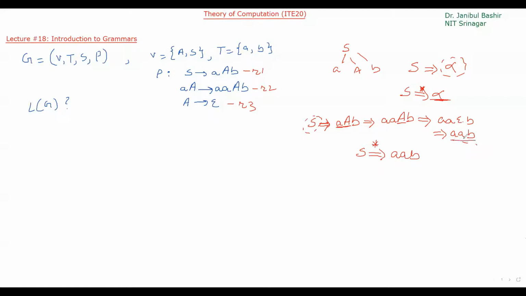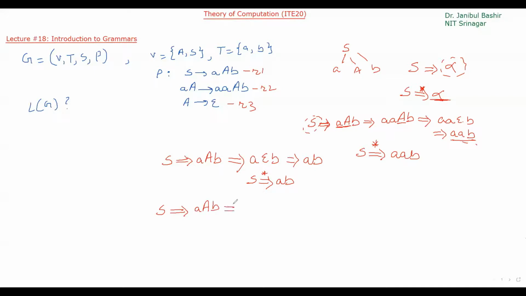So this is one string. Now let's suppose another possibility: S derives aAb. In the first one, second time I was using rule 2. Now there is possibility I will use rule 3. For A, I can write epsilon. So that means ab. So another possible string is ab, or I can write S derives in more than one step ab.